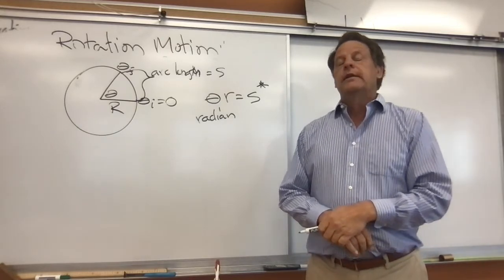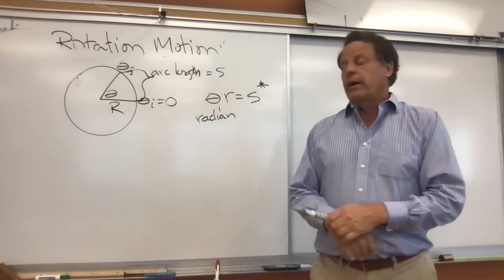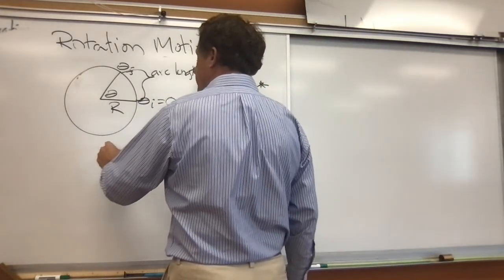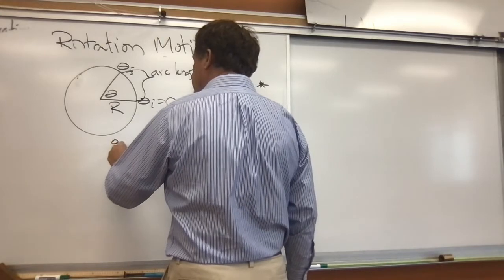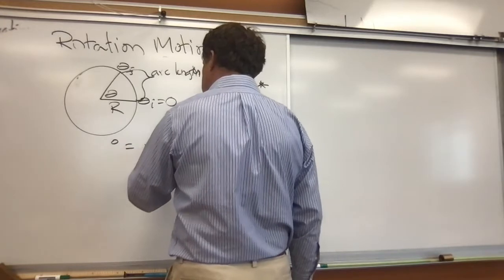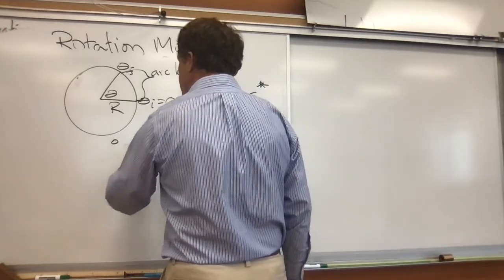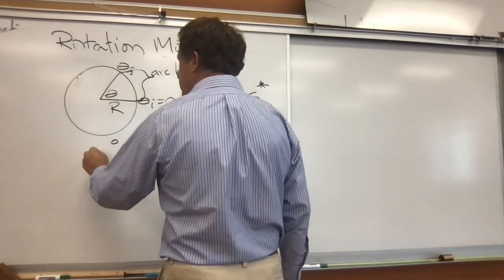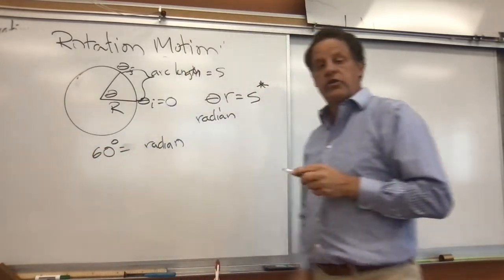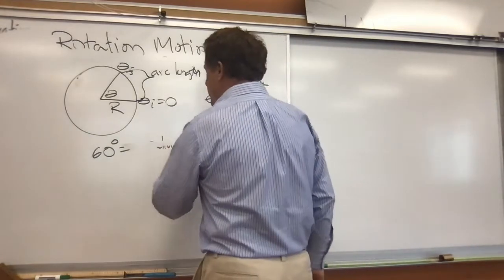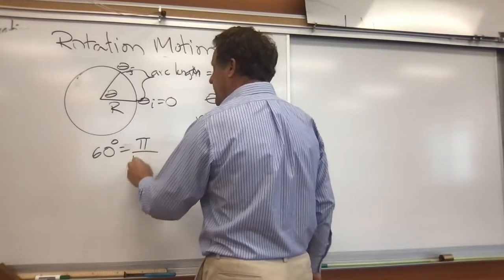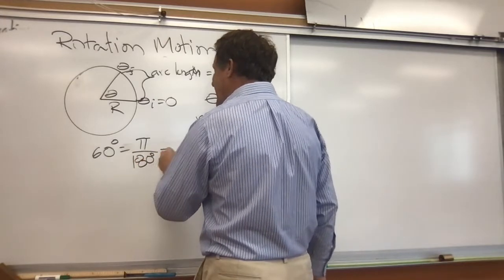We are very much used to talking about degrees, like 360 degrees in a rotation, but not so much in radians. You probably know that if you want to change degrees into radians, for example, let's say we had 60 degrees, we would multiply by pi and divide by 180.